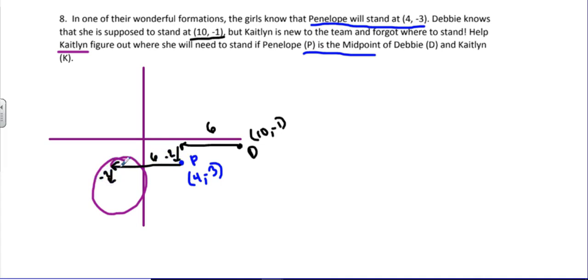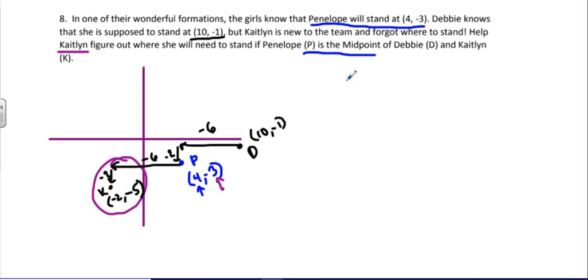So 6 units less than 4 would be -2. So 4 minus 6 is -2. And then -3 minus 2 is -5. So that's where Caitlin needs to stand. That's one strategy for finding the answer.